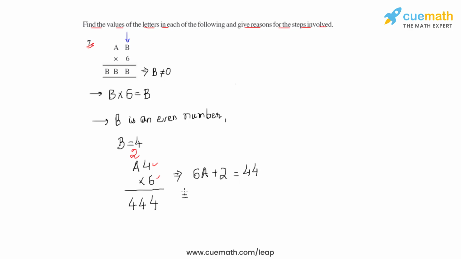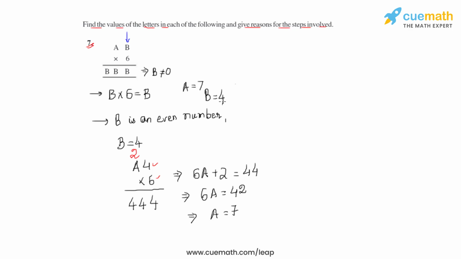If we solve this equation, 6A equals 42 and the value of A will be 7. This is an integer for sure, and this could be one of the values of A. So let me note this down: the value of A which we have got is 7 when B is 4.